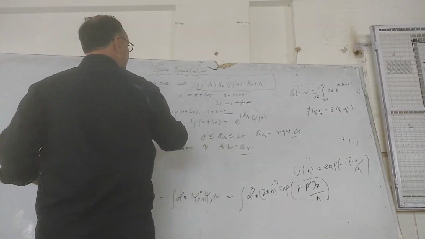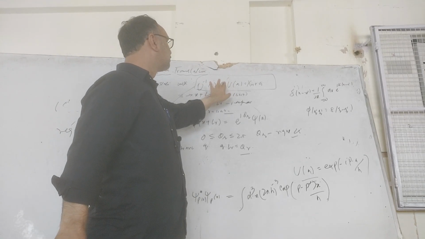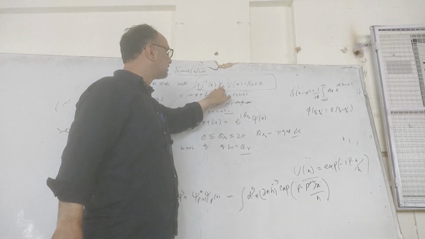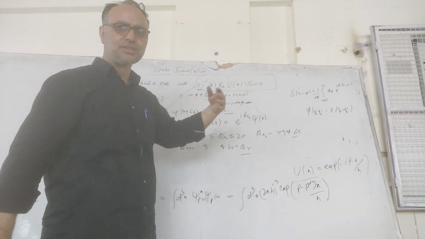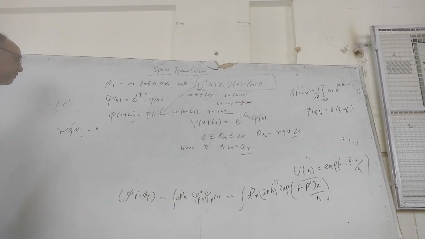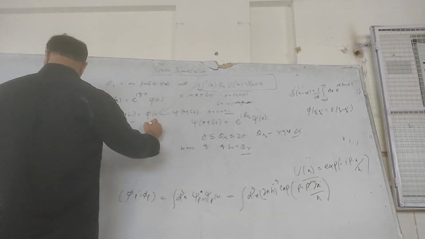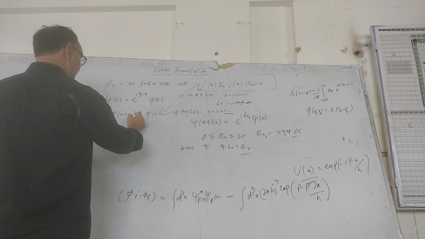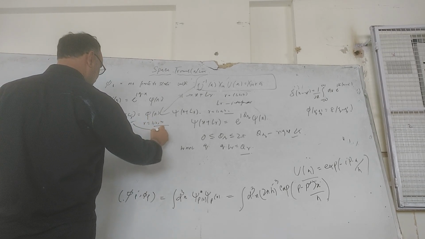The way we define unitary operators for a translation, you can have this identification, where R is 1, 2, 3. In the literature these are also called Bloch waves.